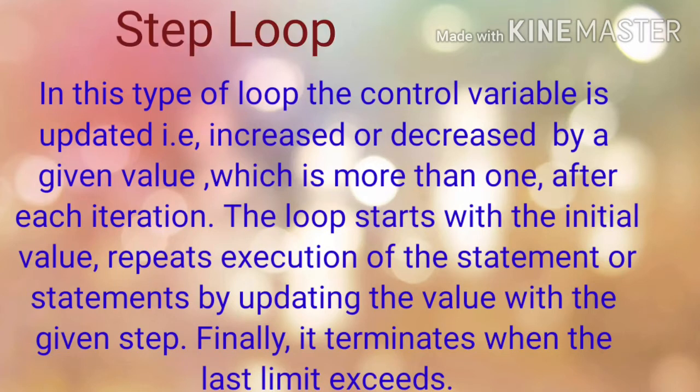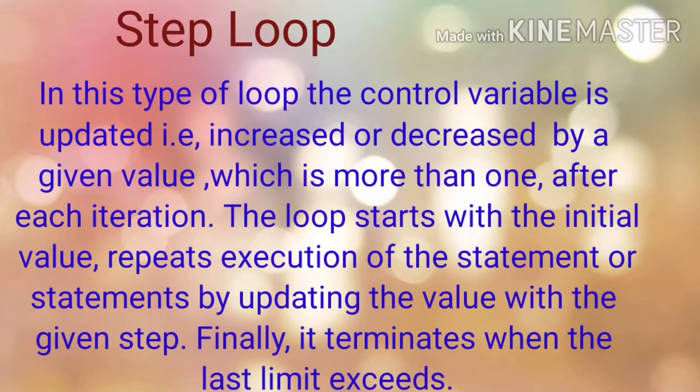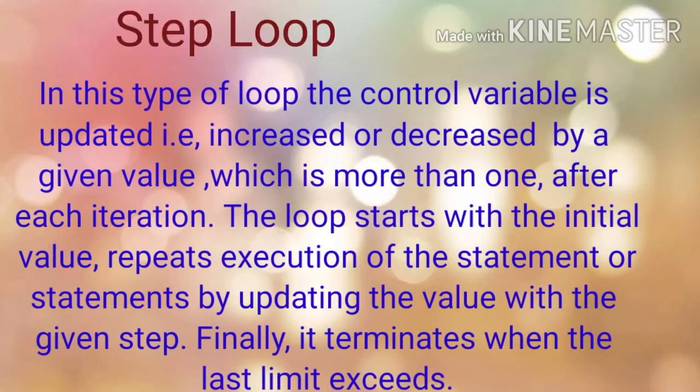The loop starts with the initial value and repeats the execution of the statement or the statements. It can be more than one statement also, by updating the value with the given step. Finally, it terminates when the last limit exceeds.